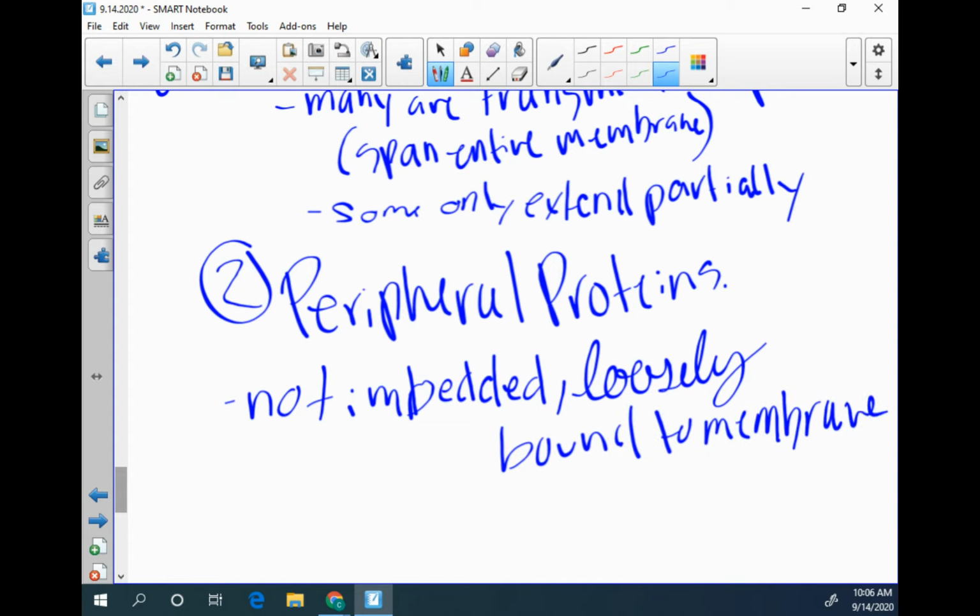This could be via lipid, this could be via carbohydrate, this could be via those extracellular matrix components that we talked about last week. So there are transmembrane proteins and peripheral proteins, or integral proteins and peripheral proteins.